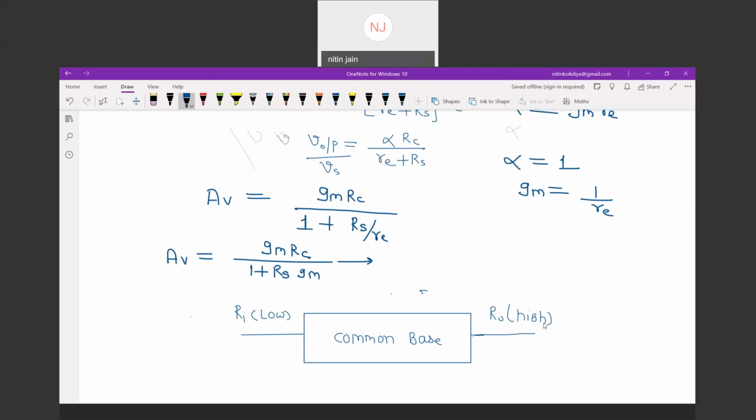And the frequency response is excellent. अभी हम इसमें कैपेसिटर लगा के देखेंगे हाई फ्रीक्वेंसी पे जो c pi और c mu एक्टिवेट होते हैं, है ना? So frequency response is best among all configurations, है ना?